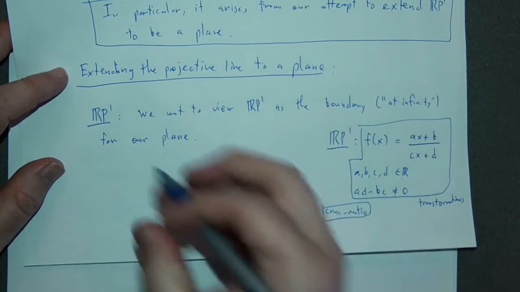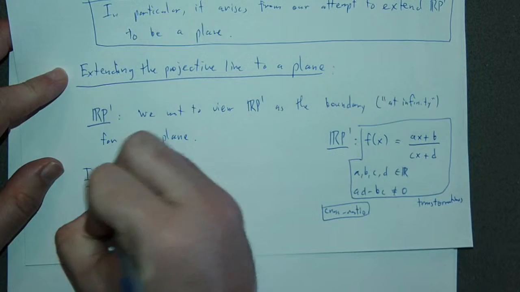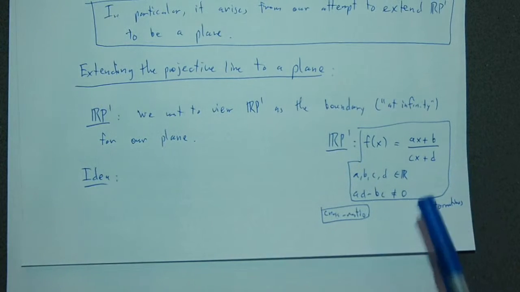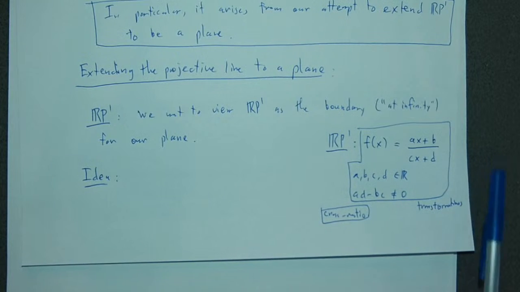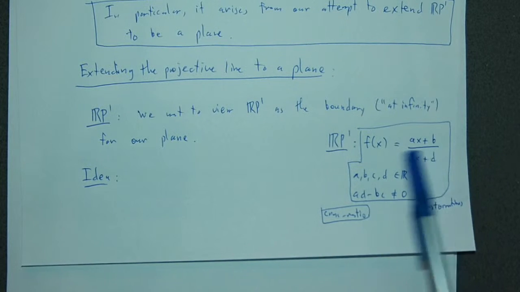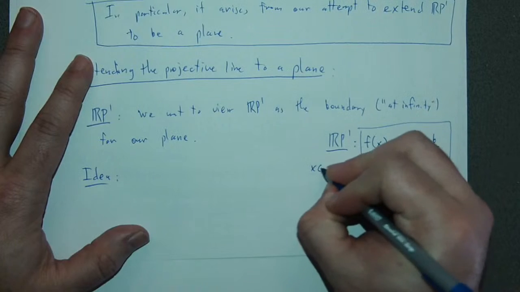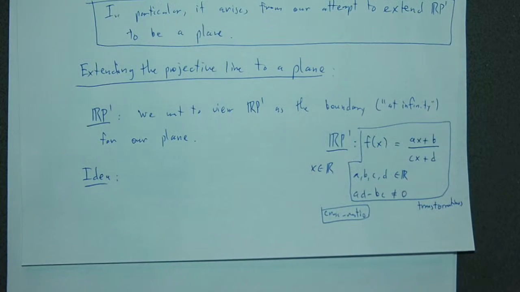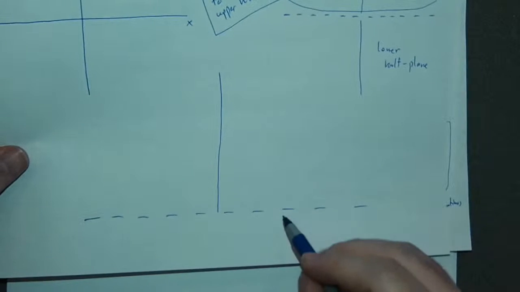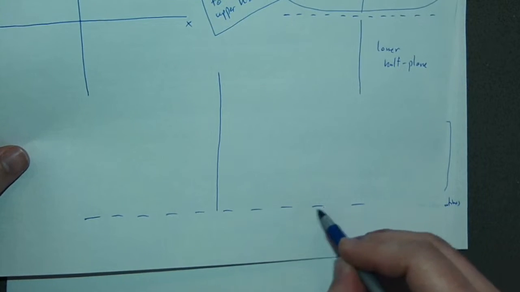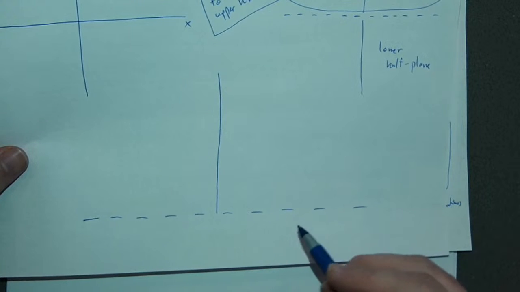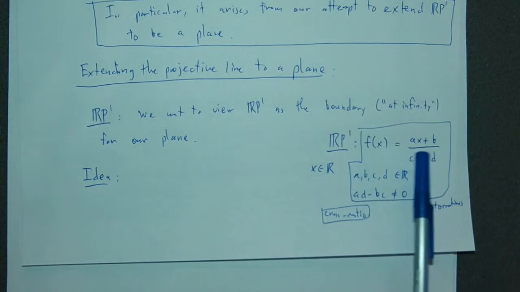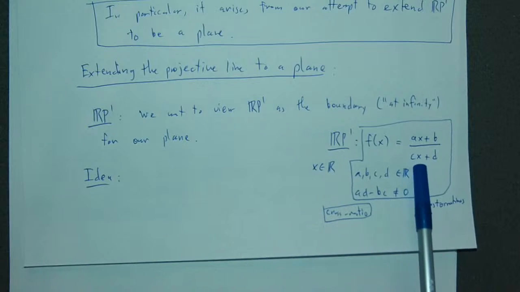Going back, what's the idea? Well, the idea is if I want to extend my transformations to be defined on a line, here my x is a real number. Viewed in this picture, if I were mapping an x, it would be some point here on the boundary, represented by a real number, that gets mapped somewhere by this linear fractional transformation.